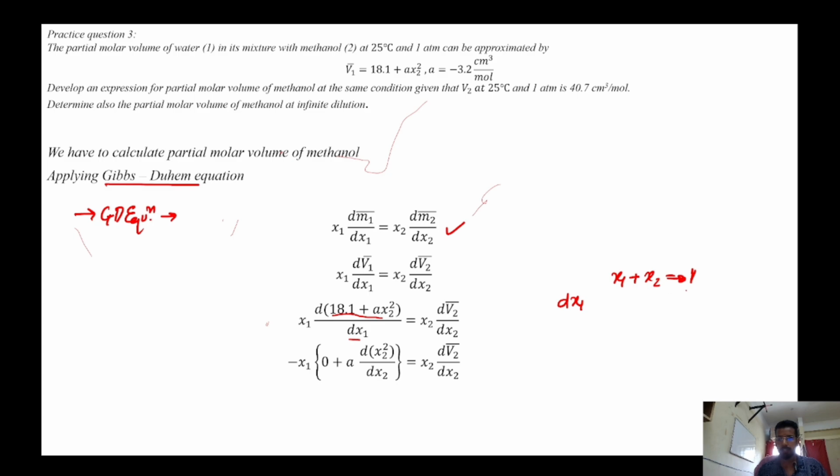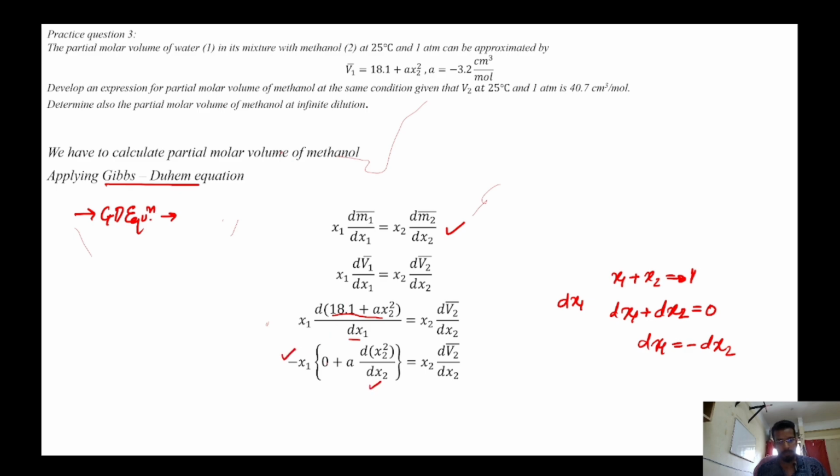Summation of mole fraction is equal to 1. So if I differentiate this equation, dx1 plus dx2 is equal to 0, it will give 0. So dx1 is equal to minus dx2. So very first step, I just replace this x1 with minus dx2. So this minus will come here and dx2 will be here.